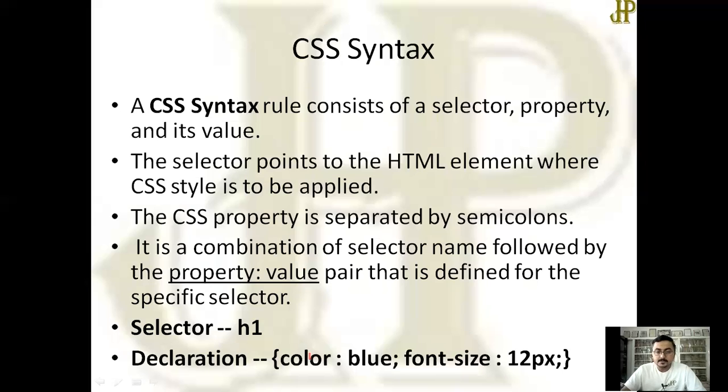And this property value pair is known as a declaration. A declaration can be applied on a particular selector, that is, an HTML tag. Here I am saying the H1 tag, and for the H1 tag we are incorporating one style related to color and another related to font size.